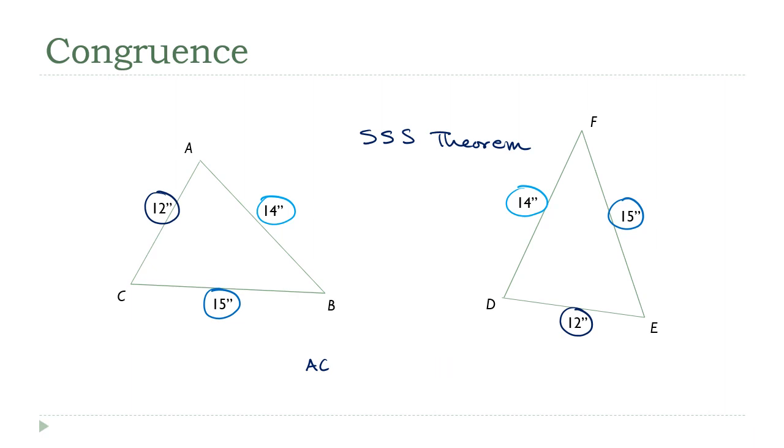Whoops, sorry, AC, that's not the 12-inch side. AC and DE. So from there, right, I kind of went here to here. Now I'm going to do the 15-inch side. So that's going to mean doing B next here and F here. And that's what I need. Now I have the congruence.